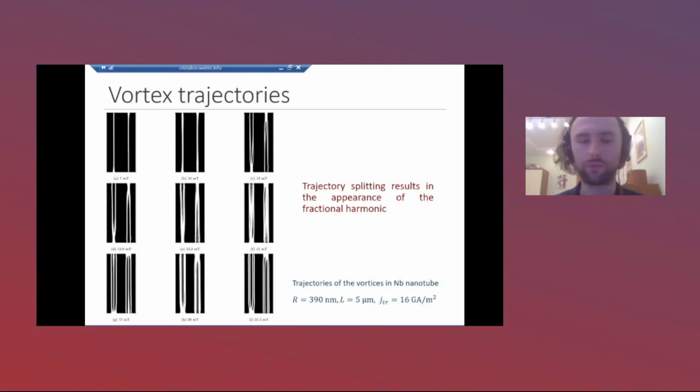For simplicity, let's say that they are sinusoidal signals. In the case of two paths, one period is smaller and another period is larger. So that generates a new harmonic, which has twice smaller frequency.